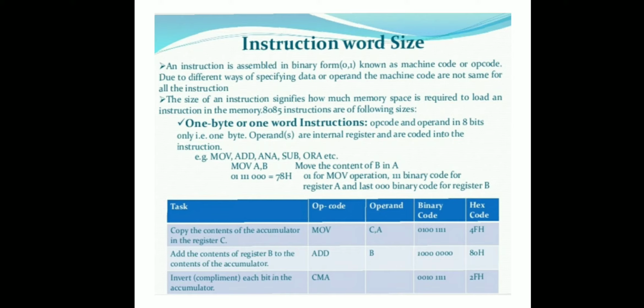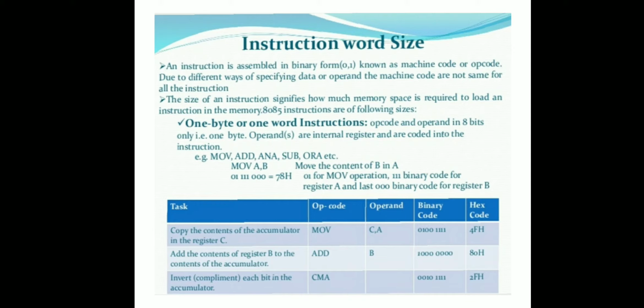For example, move operation, AND operation, subtraction, OR operation. For example, MOV A, B. This instruction is used to move the content of the B register to the accumulator. This is a 1 byte instruction.